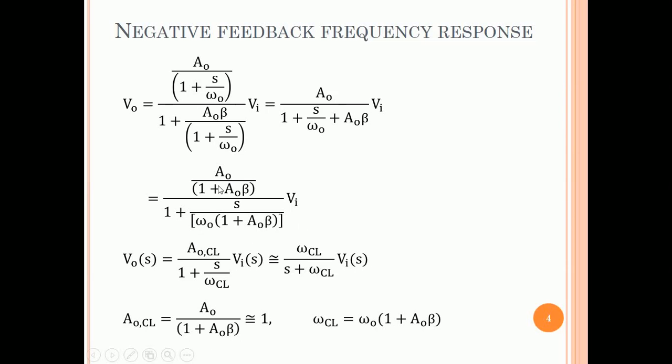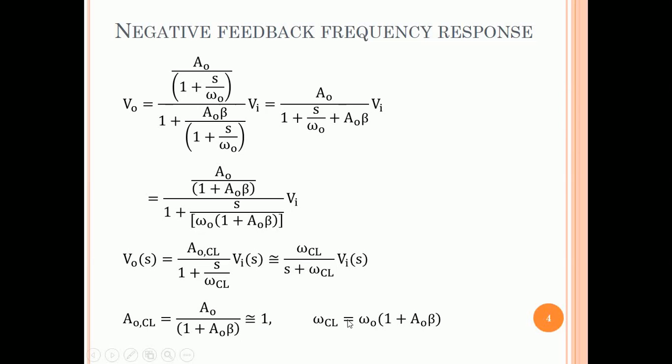So I'm calling this A0 closed loop and omega closed loop. A0 closed loop is this, and omega closed loop is omega 0 into 1 plus A0 beta. I'm also writing this by multiplying and dividing by omega closed loop, so we can write this as omega closed loop divided by S plus omega closed loop, because A0 closed loop is approximately 1. Alright, we'll come back to this in a minute.